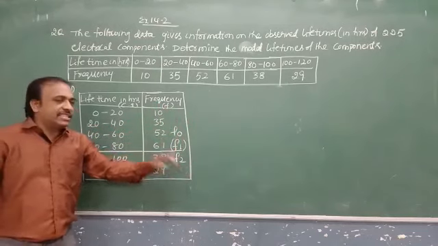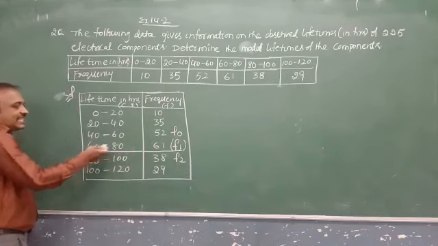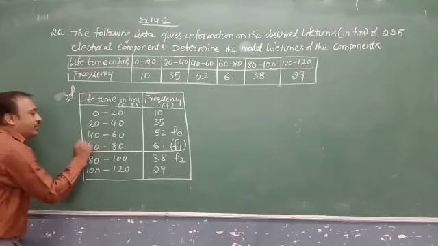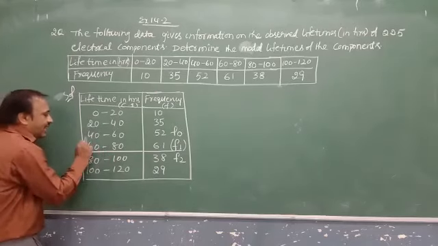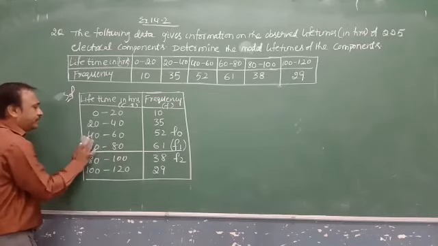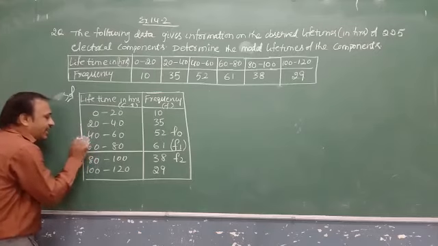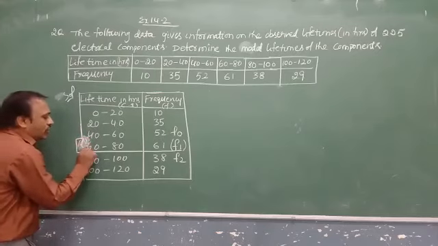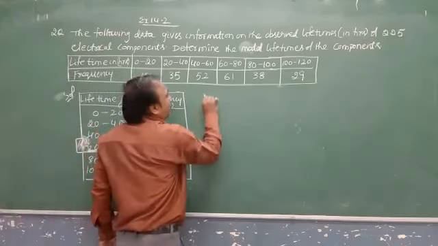The lower limit of the class interval where you underline gives you the L value. Observe it here: the lower limit is 60. What is the formula to calculate mode?